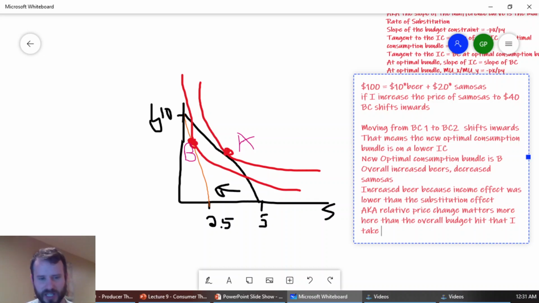In this case, the substitution effect, the fact that beers are much cheaper than samosas after the price change, matters more. Okay, and it's not always going to be the case. Sometimes the one effect will dominate, sometimes the other effect will dominate. It's just the way that I drew it. So if this graph were a lot flatter, then it could be the case that I'd be somewhere here, where my overall beer consumption is decreasing as well as my overall samosa consumption.